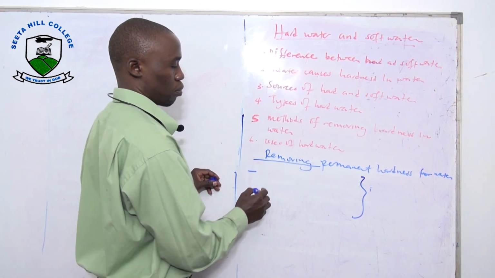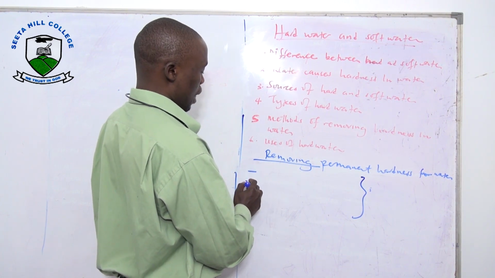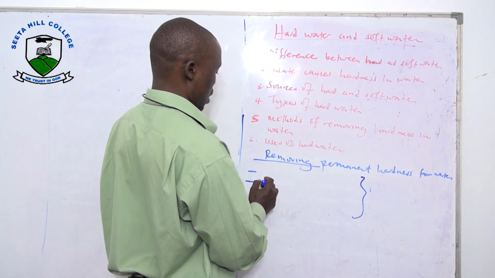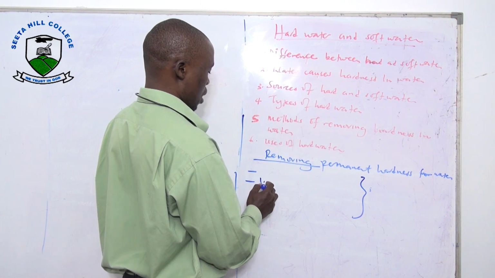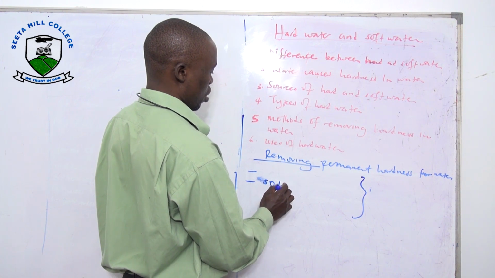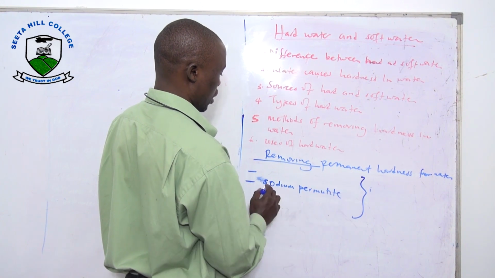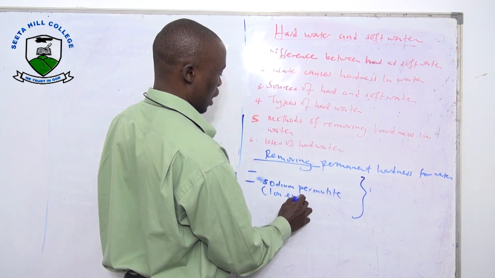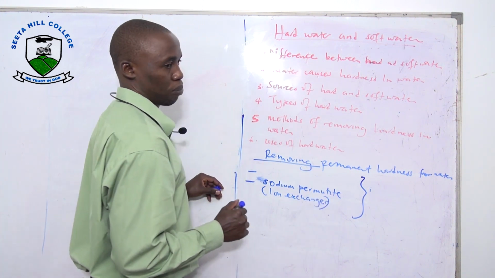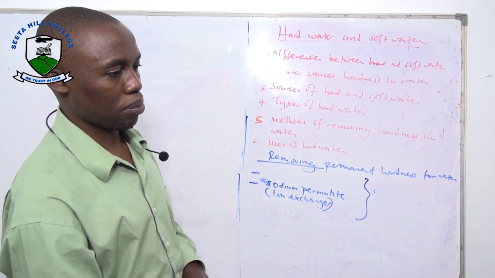Then we add what we call sodium permutite, which is what we call an ion exchanger. You can do more research on them.